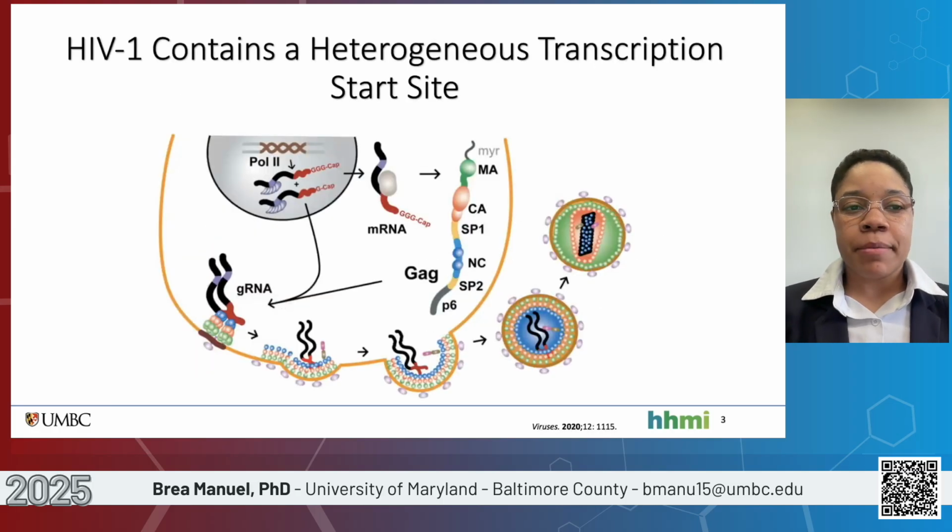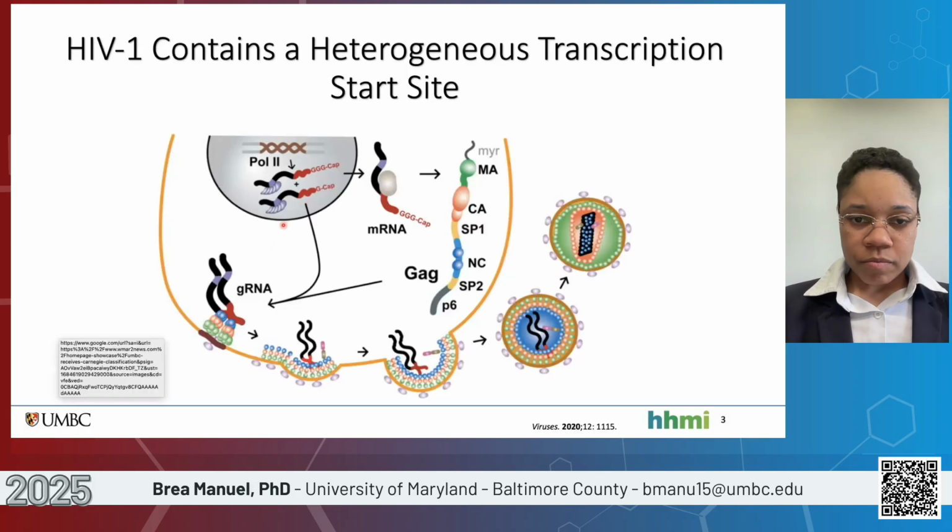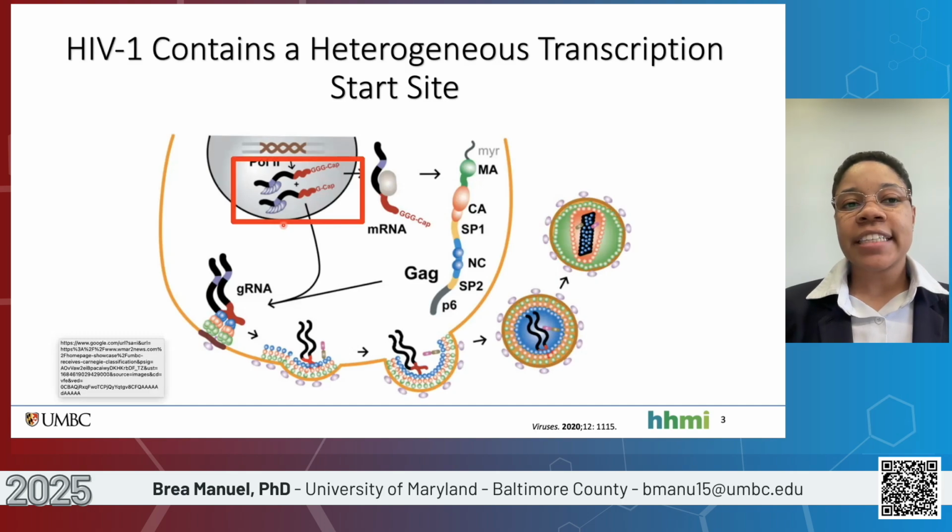But before I dive into MLV, I must first talk about HIV-1 and why I'm studying MLV. Our lab works specifically with HIV-1, and something that our lab has been looking at is the RNA of HIV-1. More specifically, HIV-1 contains a heterogeneous transcriptional start site, meaning that it contains two different pools of RNA.